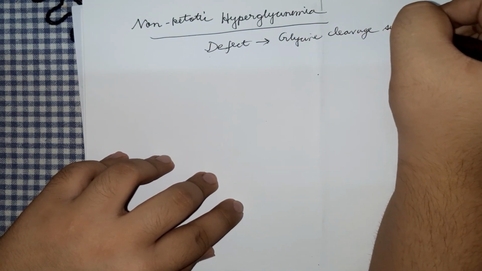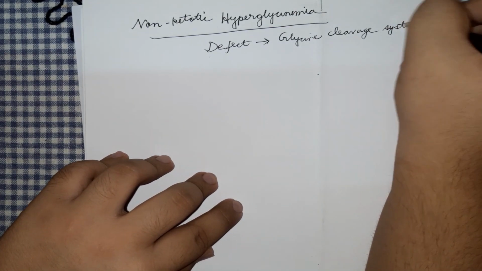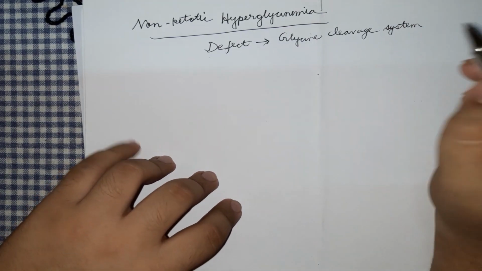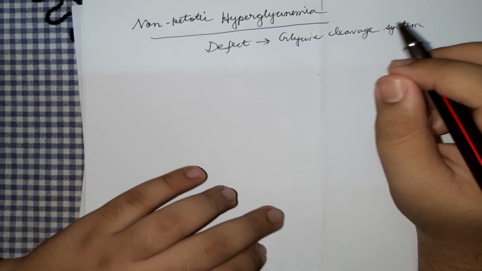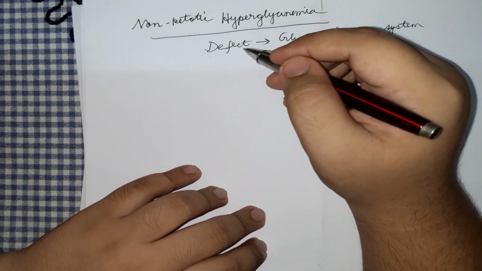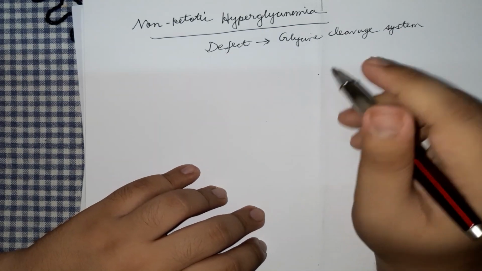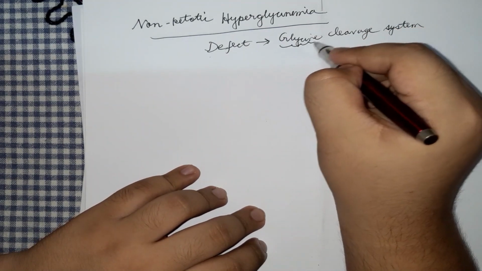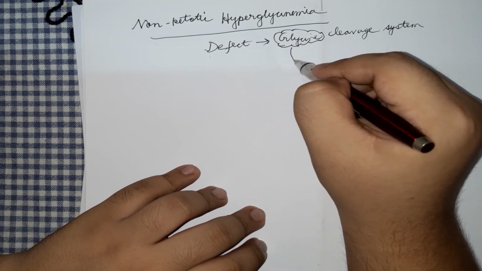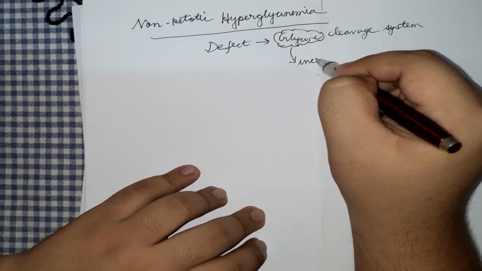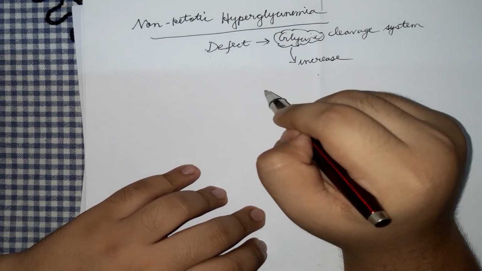Alright, so due to some enzymatic defect in the glycine synthase multi-enzyme complex, what would happen? The cleavage would not take place, the metabolic breakdown would not happen, so glycine levels would increase in blood, right?